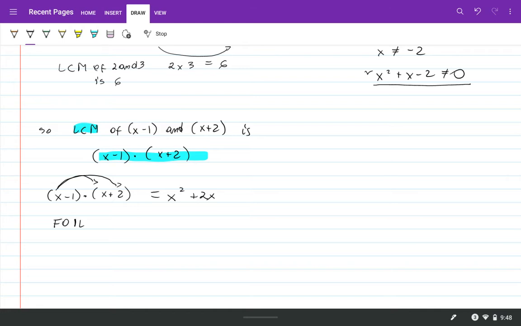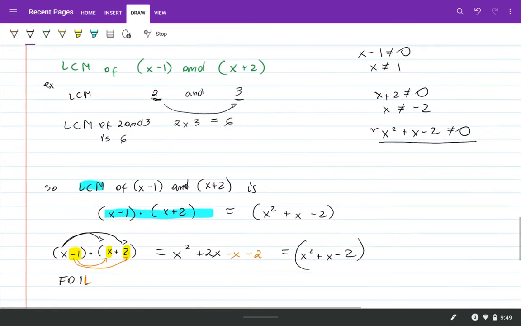I stands for multiply the expressions inside, so you have negative 1 times x, which will give us negative x. And L stands for multiply last ones, which is negative 1 and 2. Negative 1 times 2 will give us negative 2. And when we simplify, we're getting x squared plus x minus 2. So like you see, this product is x squared plus x minus 2.